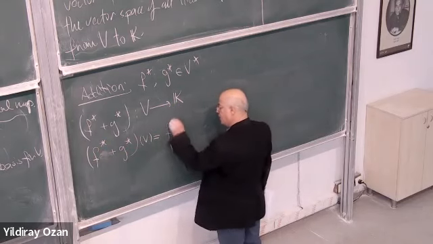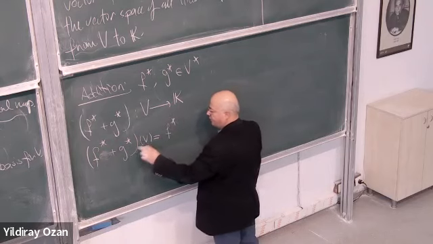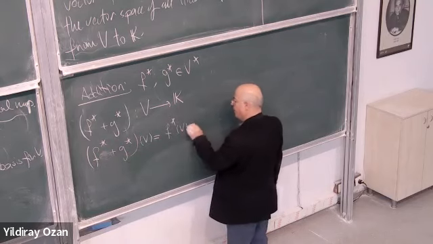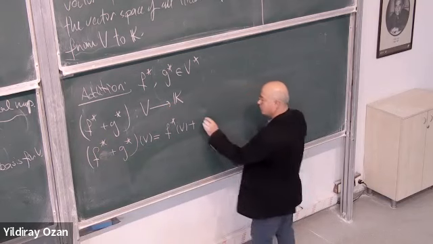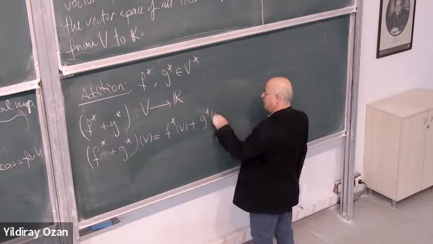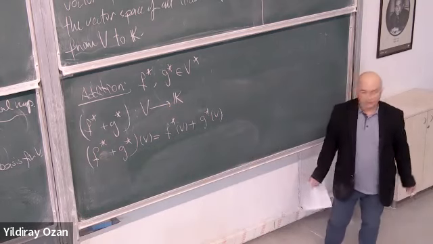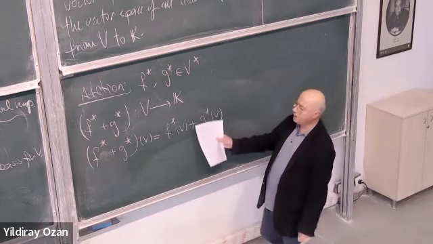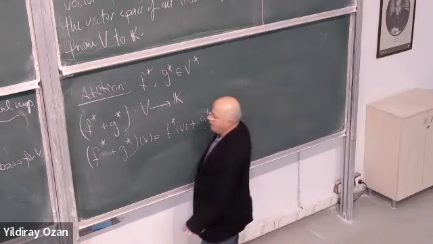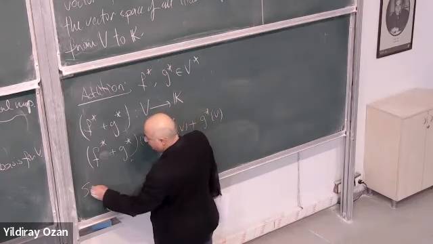Well, of course, there is an obvious way to define this. I just feed this vector into F and into G, and then add the results. So I can define addition like this, and scalar multiplication.